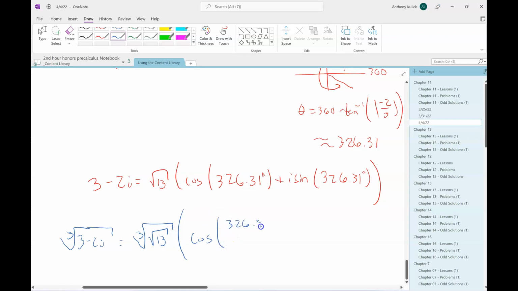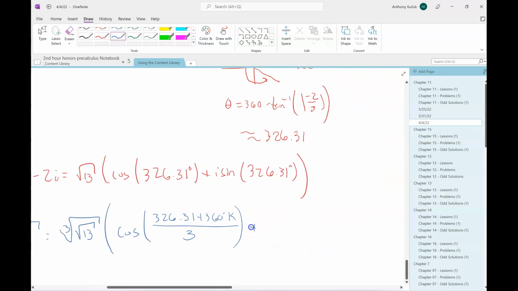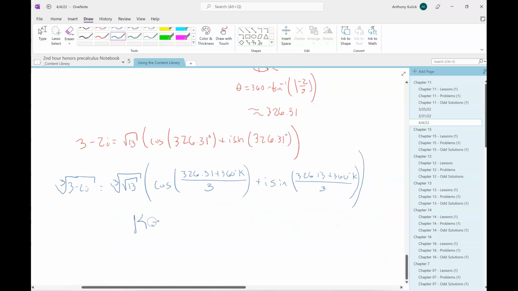Then we have 326.3 plus 360k over 3, plus I sine 326.3 plus 360k over 3, where k equals 0, 1, and 2. How do I know I'm stopping at 2?